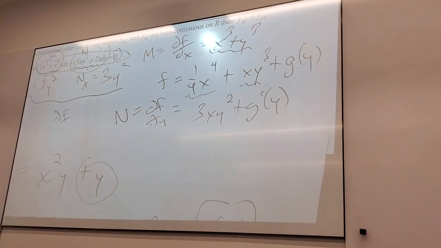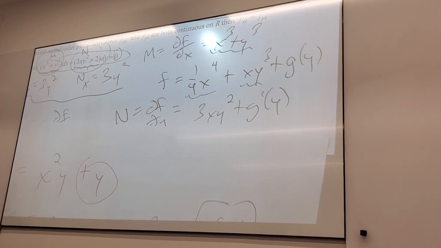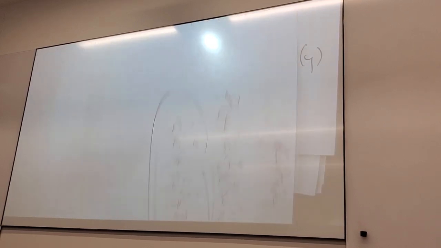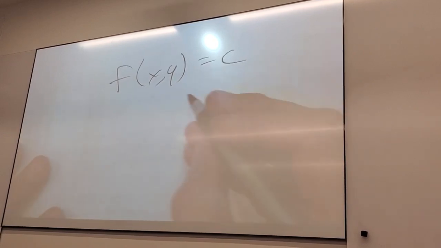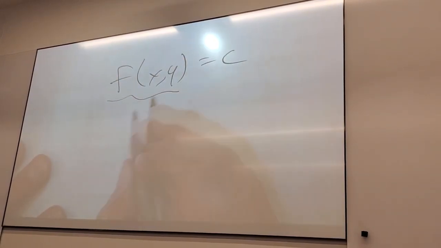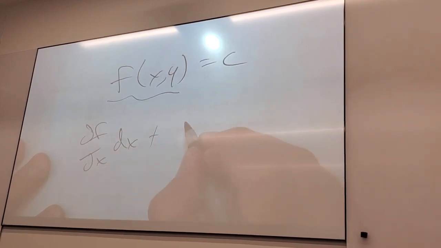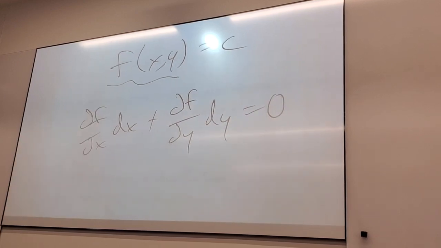And real quick, let's write this down. I'll do it up here. What is a total derivative? Okay, let's do this. So if I take a total derivative of this, it's going to be the partial of f with respect to x dx plus the partial of f with respect to y dy equals, in this case, 0.